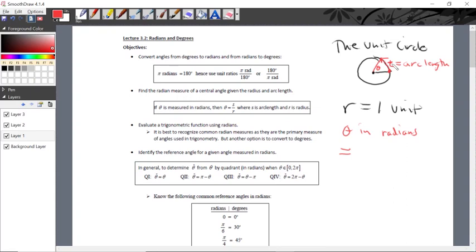So if t is the distance traveled along this path, and that's associated with the angle that is in the center of the circle, then whatever the numerical value of the angle is, when it's measured in radians, will exactly be equal to the distance that is traveled.